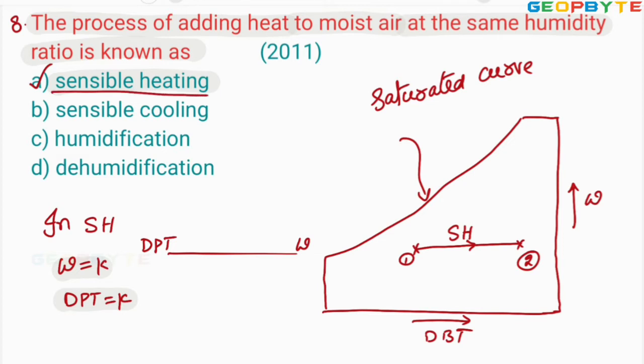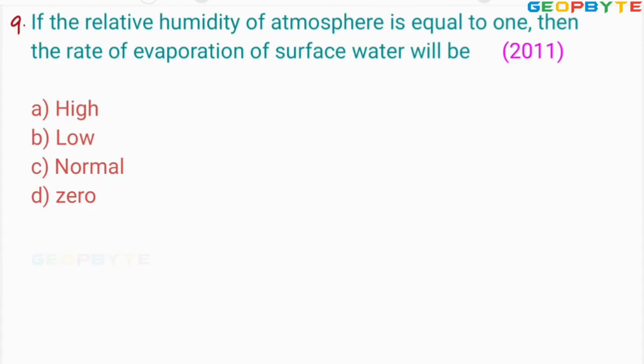Let's take the next problem. Look at the ninth problem. If the relative humidity of atmosphere is equal to 1, then the rate of evaporation of surface water will be 0. A relative humidity of 1 or 100% means the air is saturated.